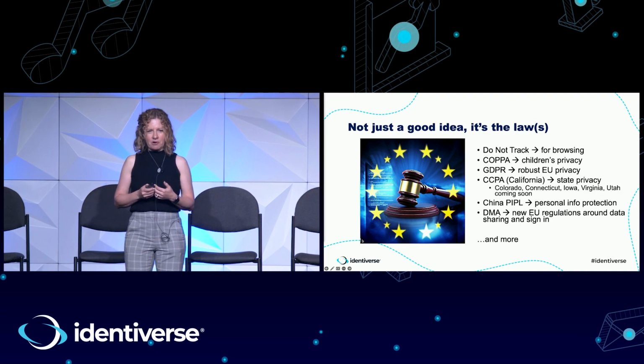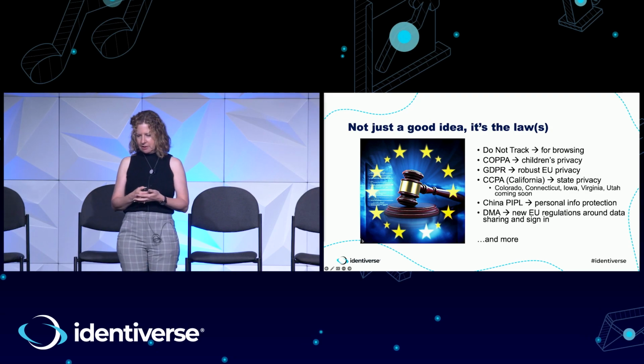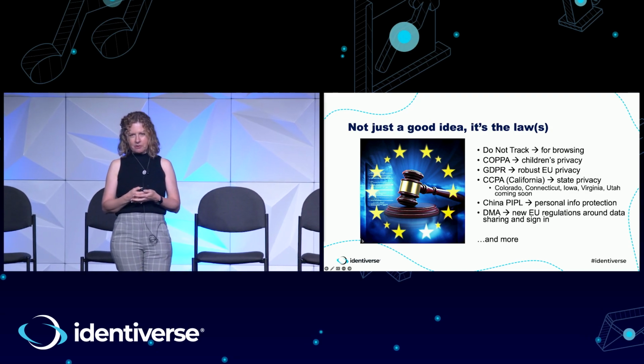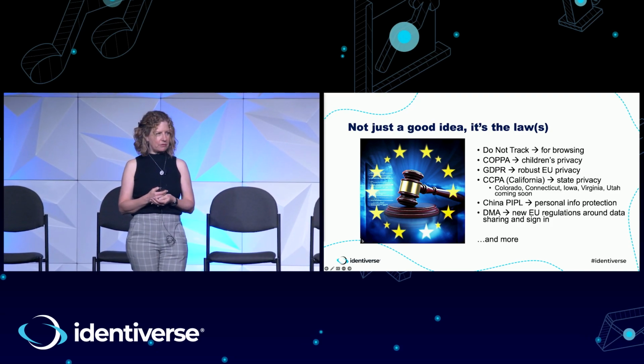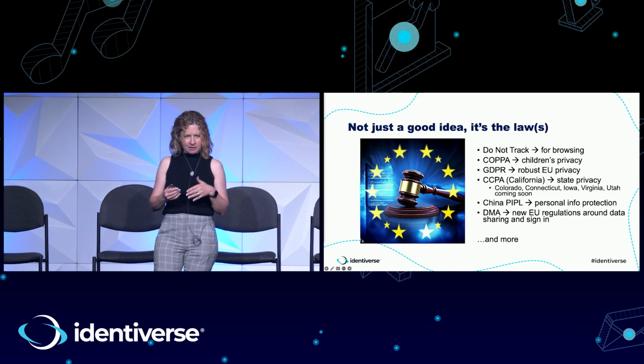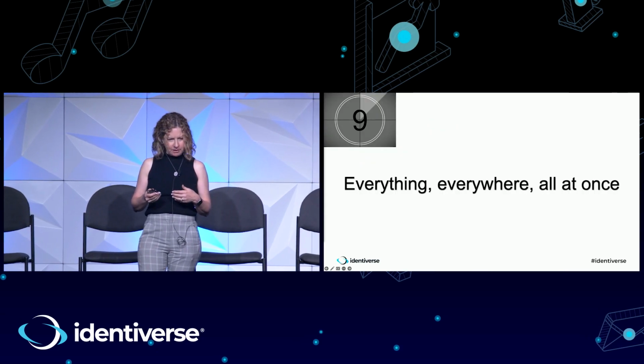The tricky part about this is most of us aren't lawyers, and some of our operations aren't even big enough to interpret all of these things. So I definitely want to advise anybody who's an identity professional to have a good relationship with the legal departments, get them involved in helping assess your identity roadmaps and making sure those are compliant with the latest laws.